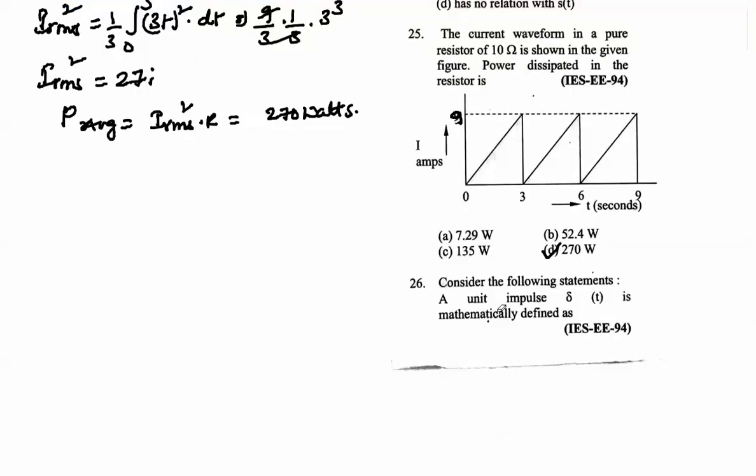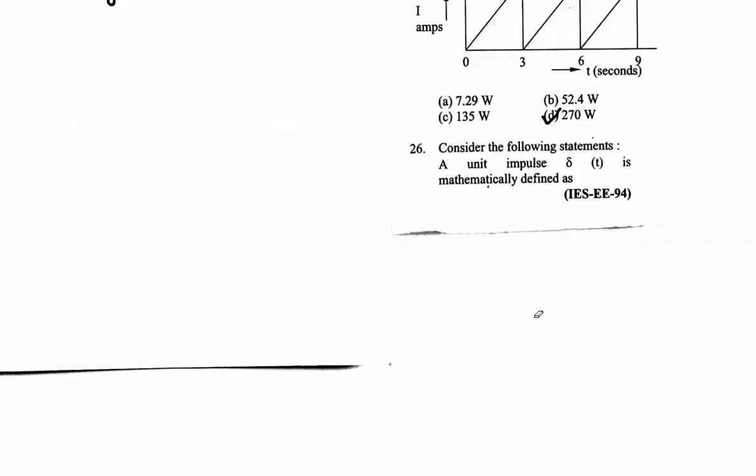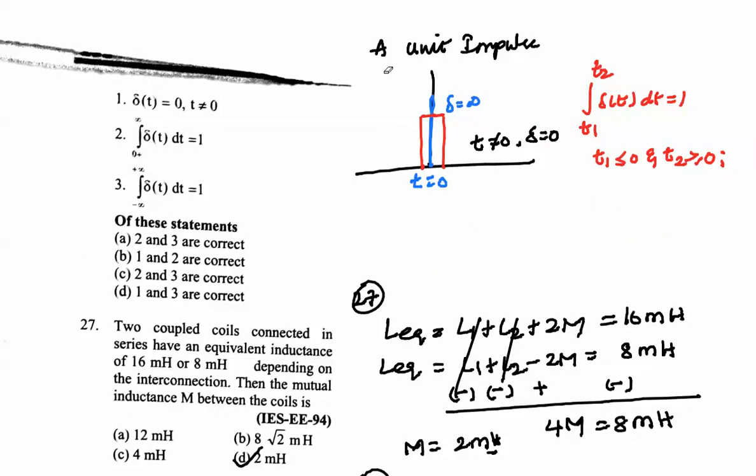Now consider the following statement. The unit impulse delta of t is mathematically defined as, generally, a unit impulse having an area of unity. The area under the curve is always going to be unity. Here it is valid for t1 less than 0 and t2 greater than 0 or equal to 0, so the limits are t1 and t2 at these particular points.